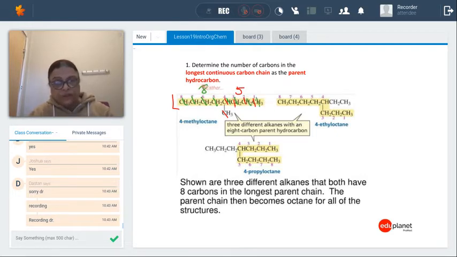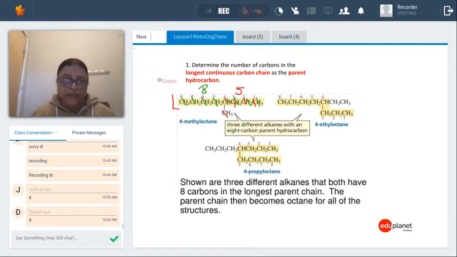What is longer, 8 or 5? Of course, 8. So this molecule is considered to have a straight chain of 8 carbons. So 8 carbons is octane. So this is a derivative of octane.